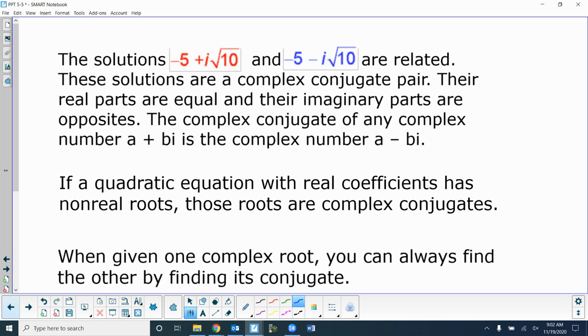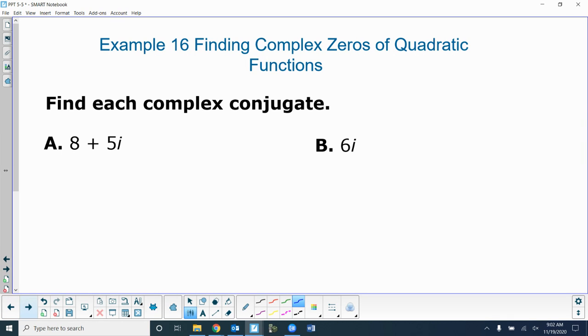All right, a plus bi and a minus bi. So what is it? 13. No, you can't add them. 8 minus 5i. 8 minus 5i, that's all. That easy. Okay?